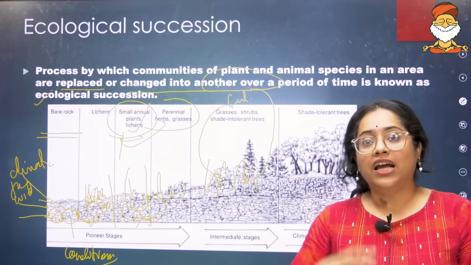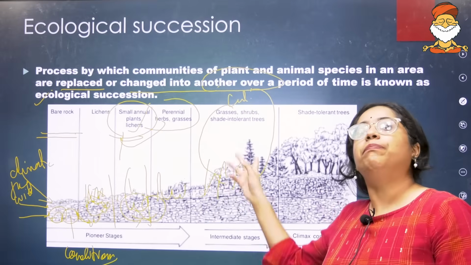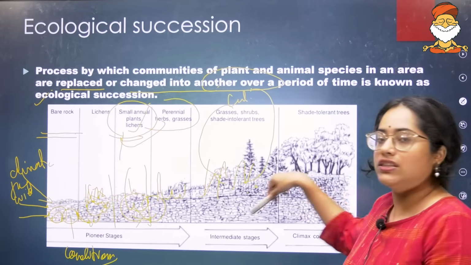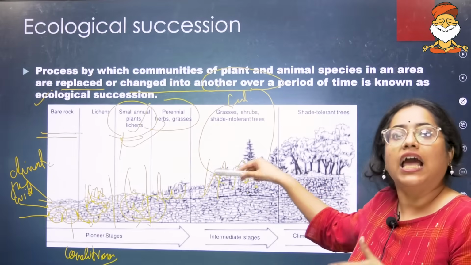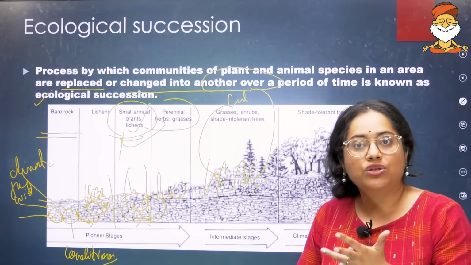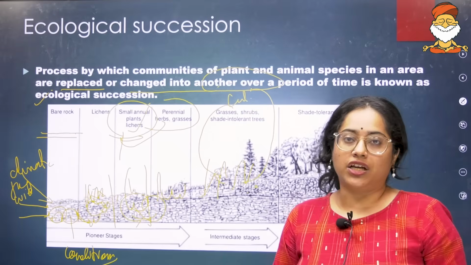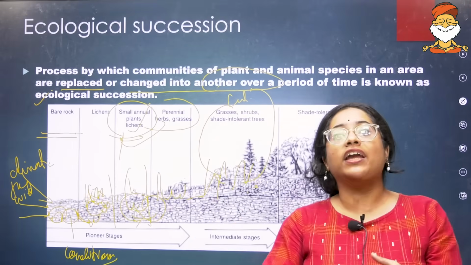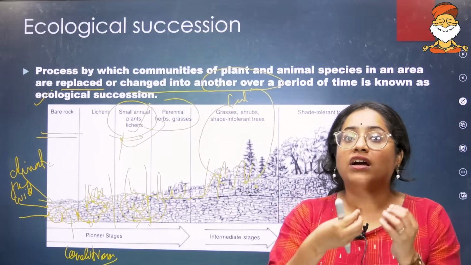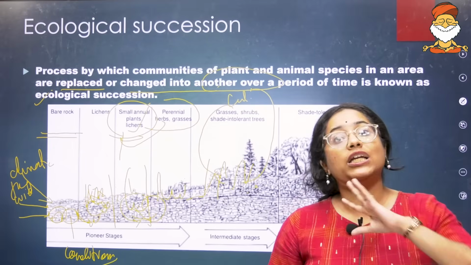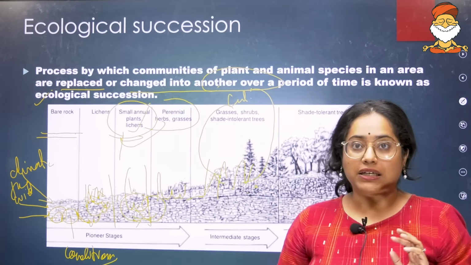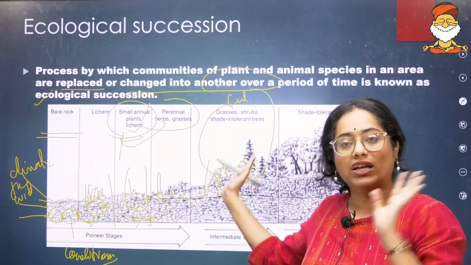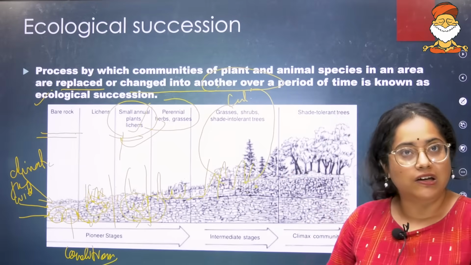Which means that when I say it gets replaced by something, it's primarily because through the different stages of succession, climatic conditions and soil conditions have changed, to the point where now these smaller things don't find enough space or enough conditions to grow in a good manner. That is when they get wiped off completely. And understand, because they got wiped off from here doesn't mean that they don't exist elsewhere. We are just talking about the succession in one particular area.